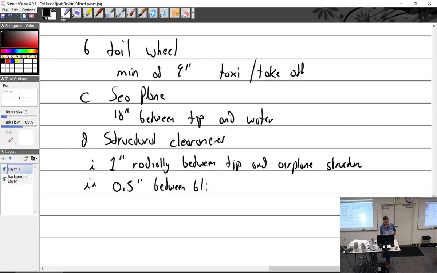Between blade and cuffs. That's like the spinner and things that go near the prop when it's moving. Cuffs. And what else? Stationary parts.